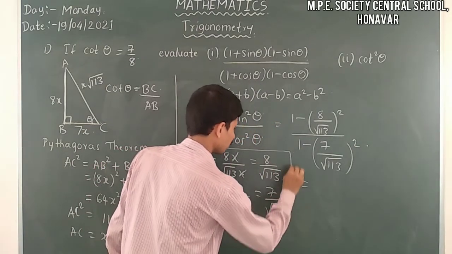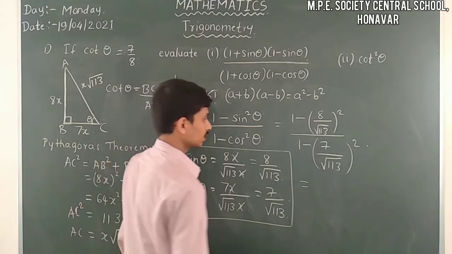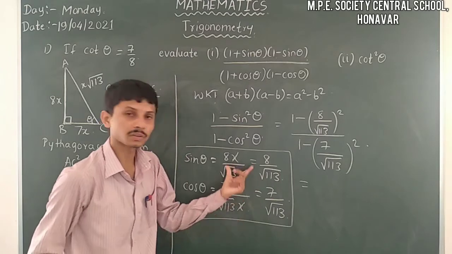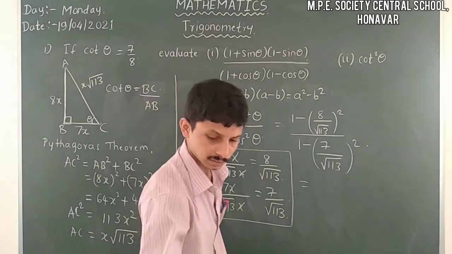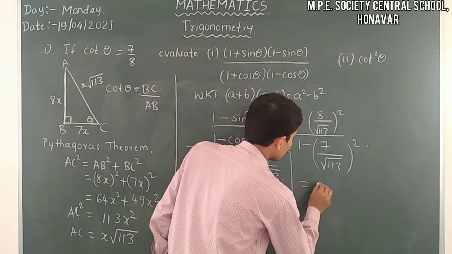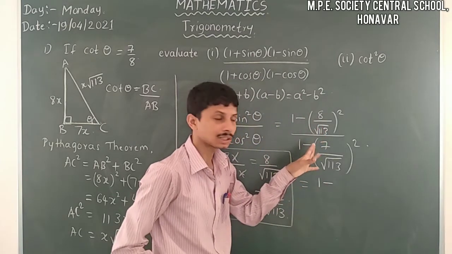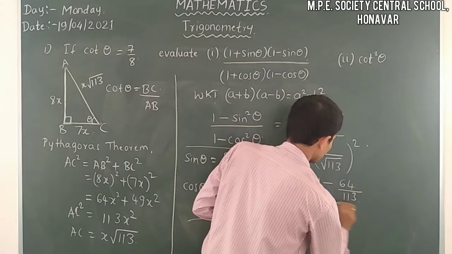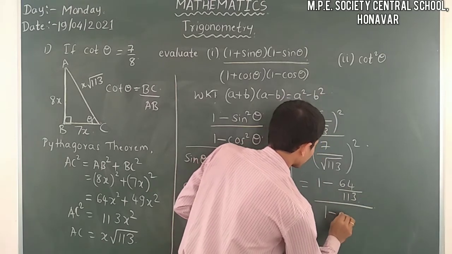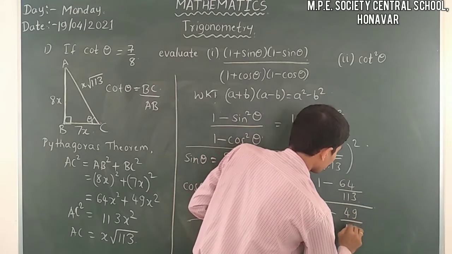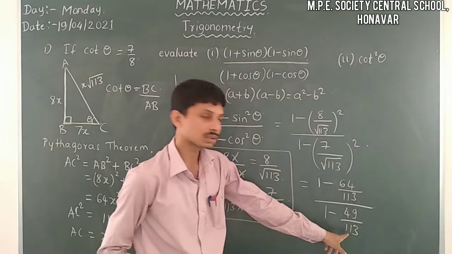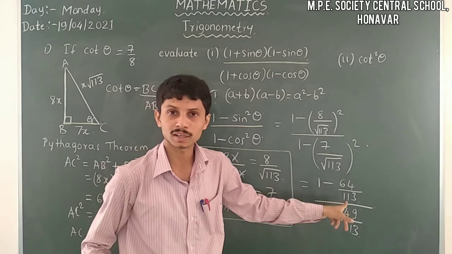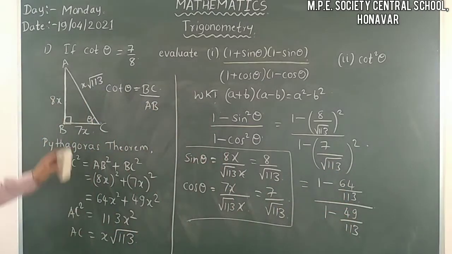So here are the values we got. Square that: 1 minus 64 divided by 113, divided by 1 minus 49 divided by 113. Then we have to take the LCM of the denominator in both the numerator as well as the denominator.